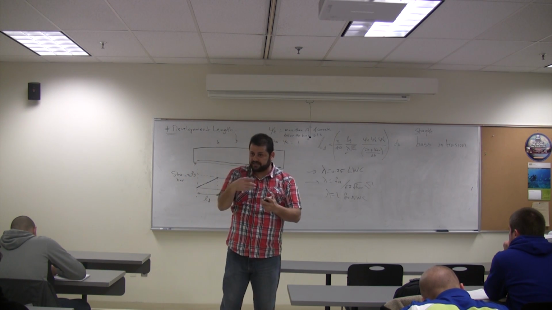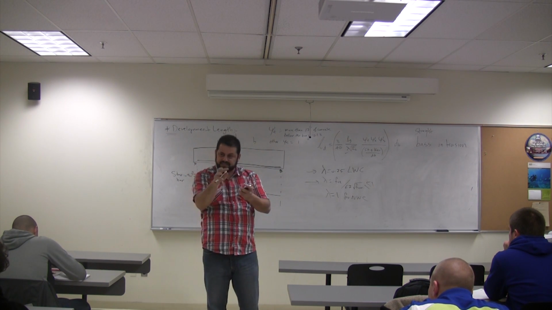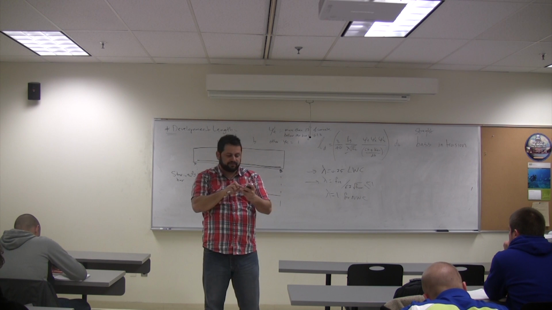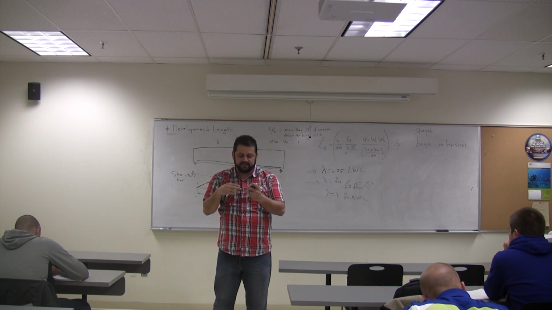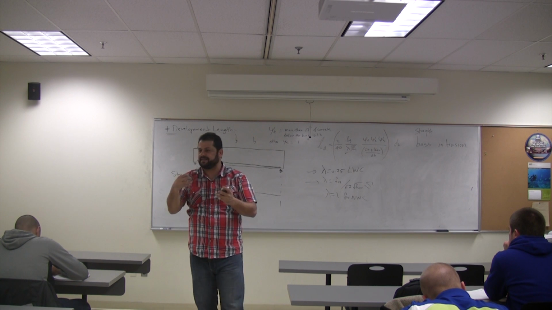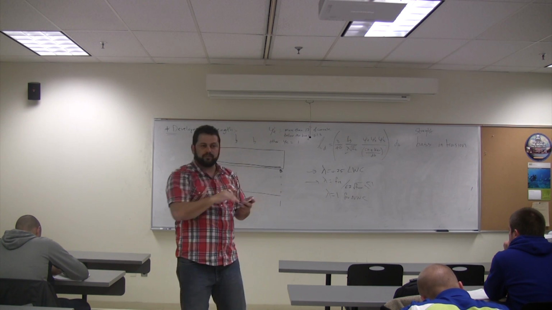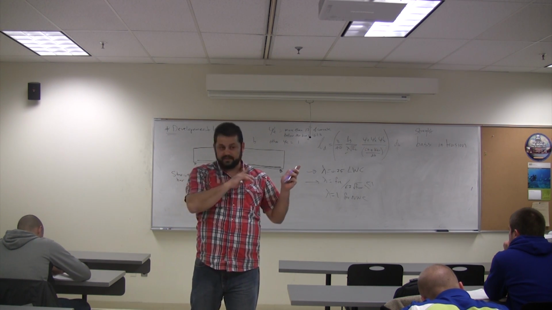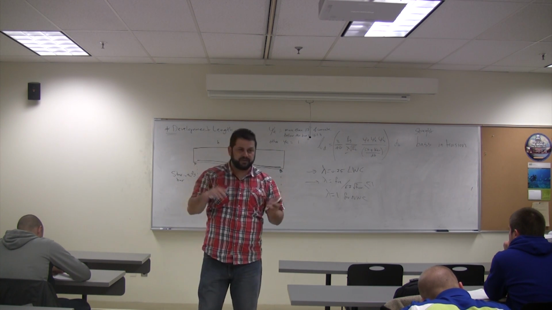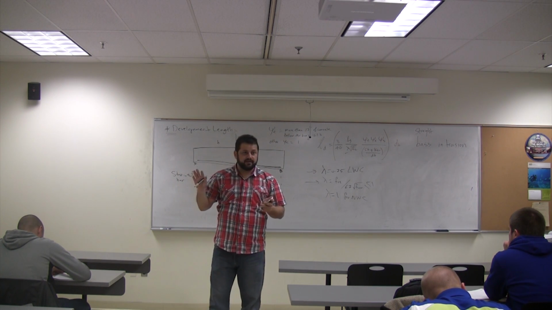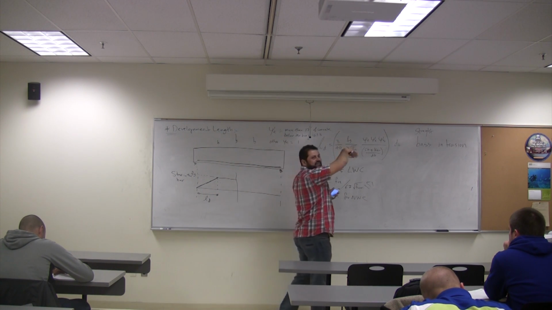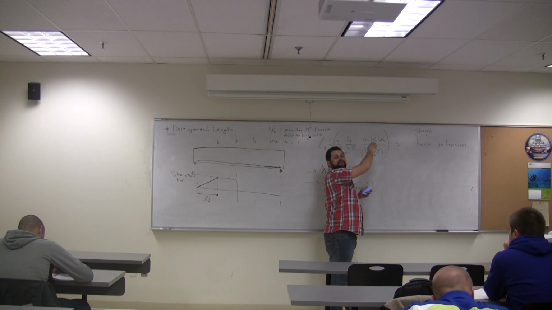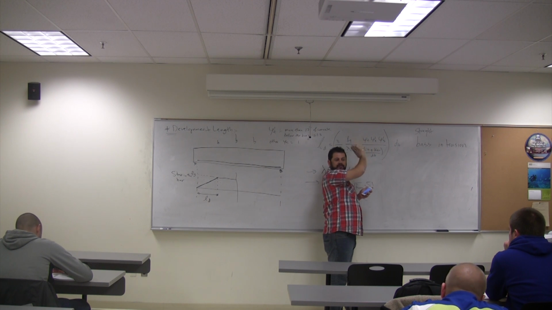For some situations, where there is some requirement in terms of the cover being less than 3 db or the clear spacing less than 6 db, this can go up to 1.5, rare situations. Okay? So this number, psi E, is either 1.5, rare, 1.3 if it's epoxy, or 1 if it's non-epoxy.